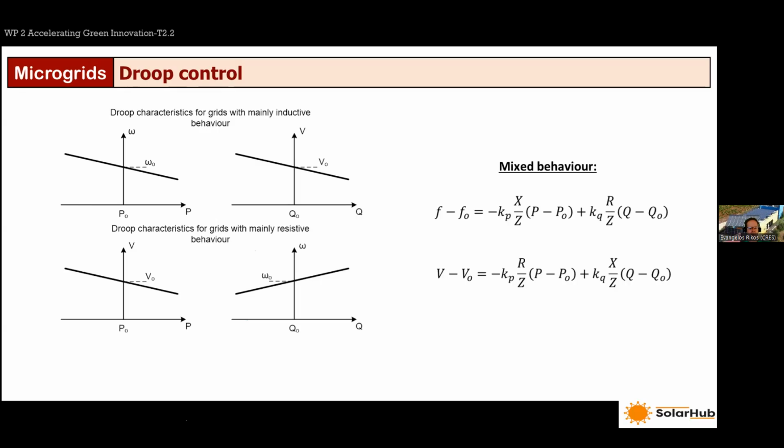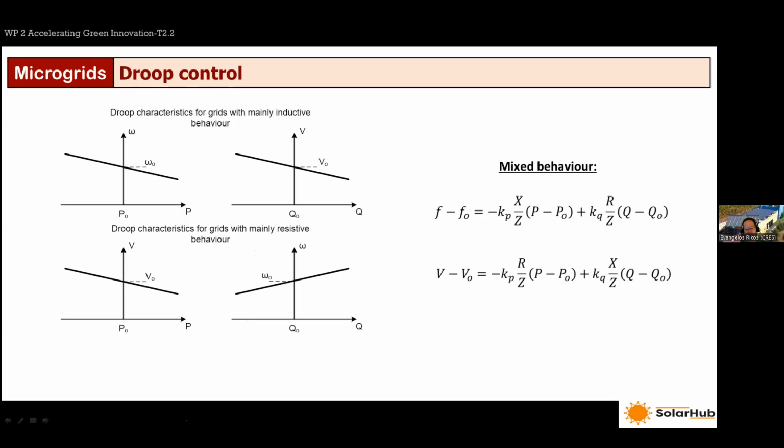It operates as a primary frequency control approach, and there are some variants of this related to voltage and reactive power control as well, and some other variants with different slope or interdependency of voltage on active power and frequency on reactive power, based on the type of the grid we have, the behavior of the distribution lines, if they are more resistive or more inductive, etc. I don't think it's worth mentioning more things about that.